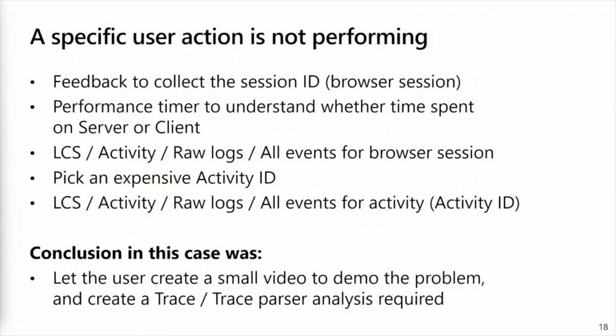So the conclusion in this case was we did not find enough details in the telemetry yet. Let the user create a small video to demo the problem and create a trace and analyze this by using the trace parser, which is the required next activity to get into the details.